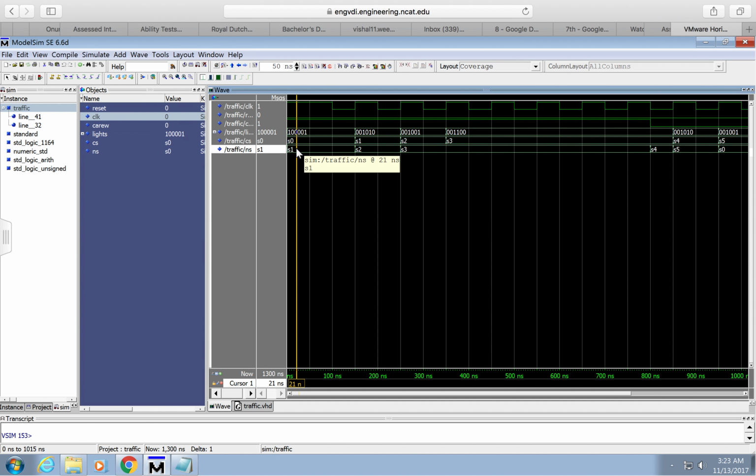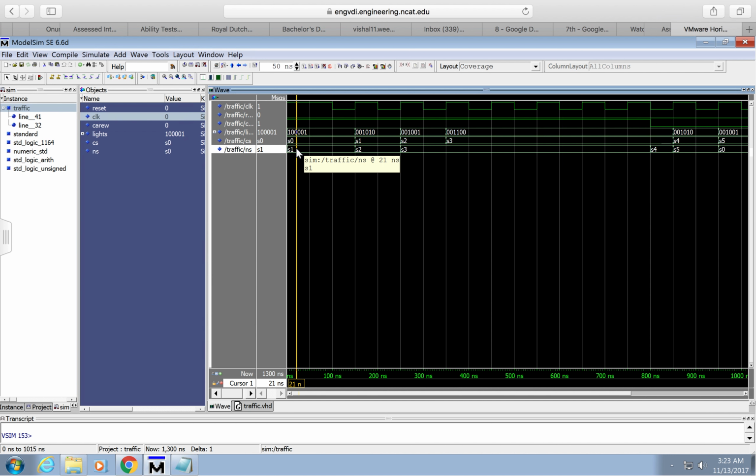To begin with, my simulation matches what I have on my state diagram, so I know for sure that if there is any error, it is definitely not in my state diagram. That's good news. I'm very confident that this is pretty correct.